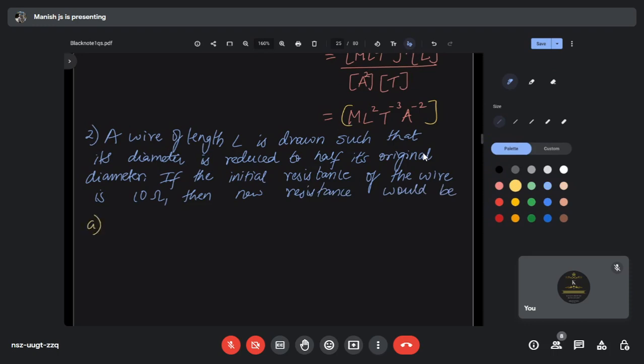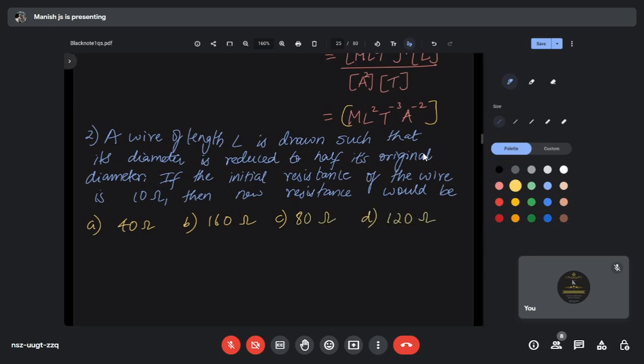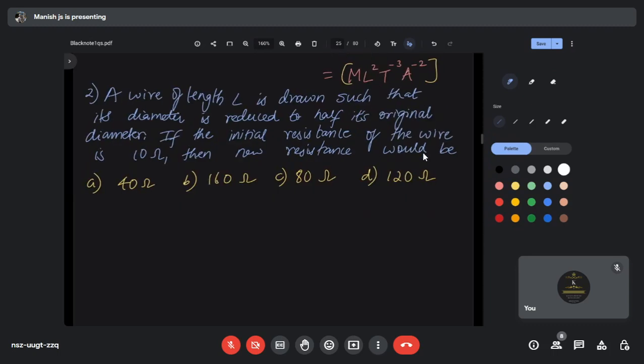Option A, 40 ohms. Option B, 160 ohms. Option C, 80 ohms. And option D, 120 ohms. Okay, so these are the options.